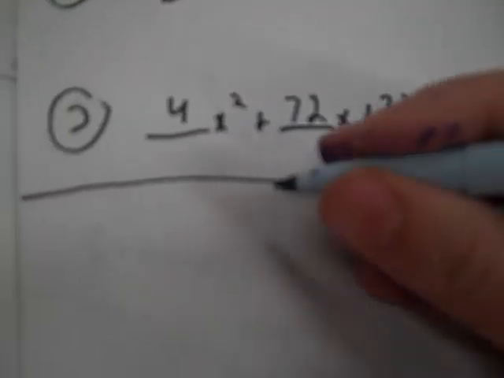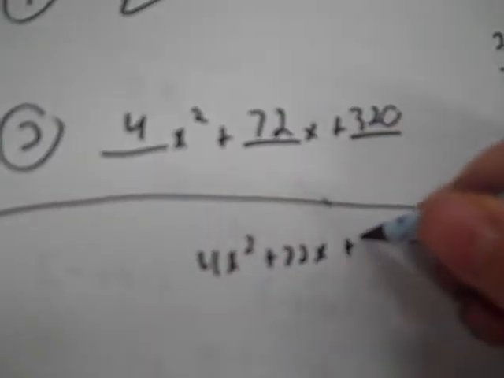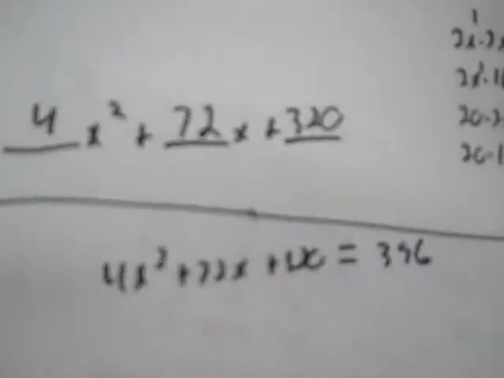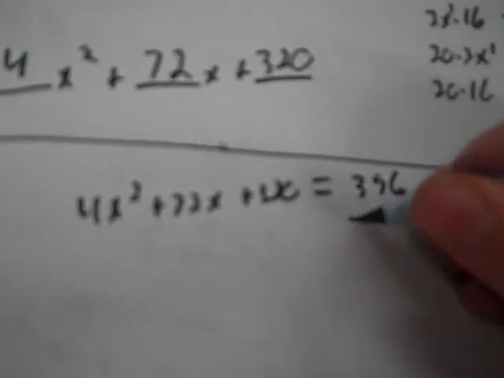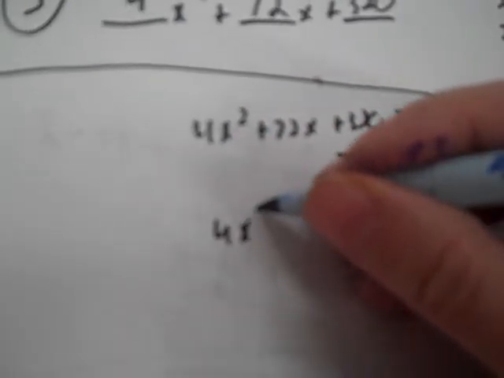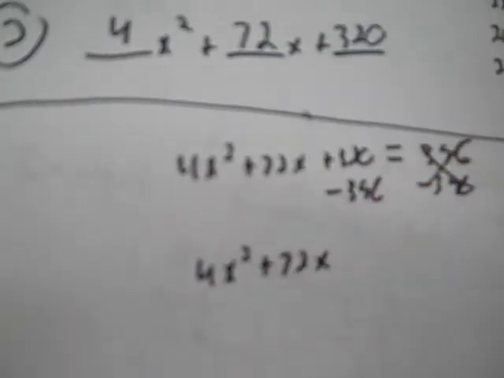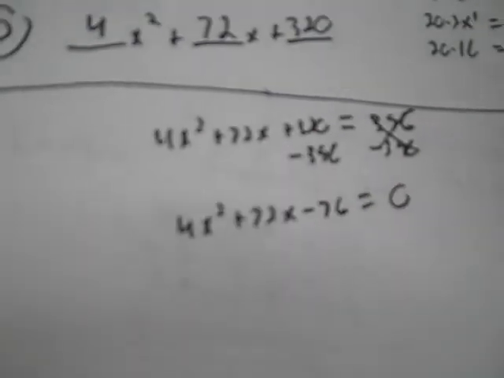Okay, so I've got 4x squared plus 72x plus 320. There's two answers, and I've got x squared and x, so we are going to have to make boxes, but I need a 0 here to do that. So I've got 4x squared plus 72x, and that's negative 76 equals 0.